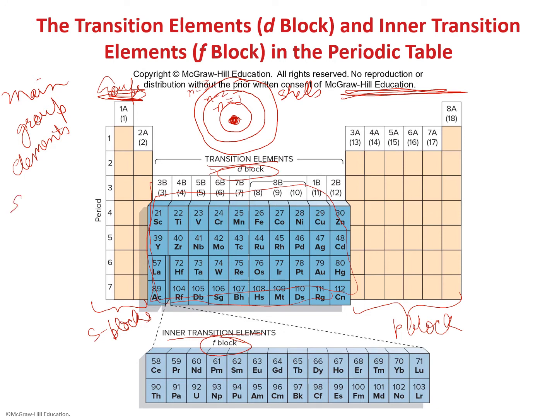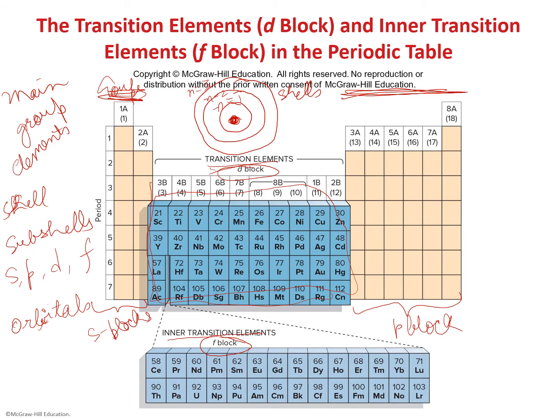Now that is the first part of the electronic configuration. What is the next part? Each shell consists of subshells, right? Now these subshells are named as S, P, D, and F subshells. And each of these subshells consists of orbitals, and orbitals are the exact or most probable location where we can find electrons.